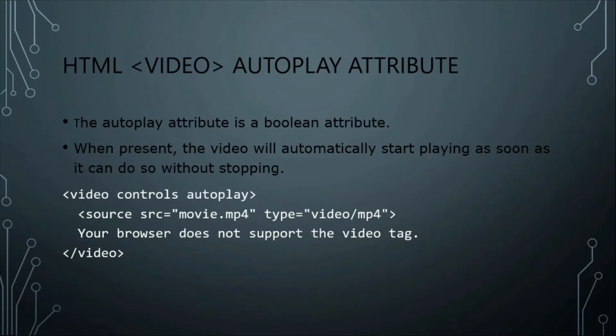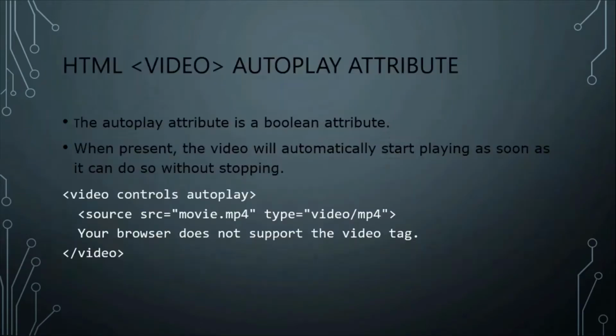In the src attribute we will put the file path, and in the type attribute we will put the format type of the video. Then we close the source tag, and if the browser does not support the video tag or the format, the browser will show a message that it does not support the video tag. Then we close the video tag. So this was the code example for the video autoplay attribute.